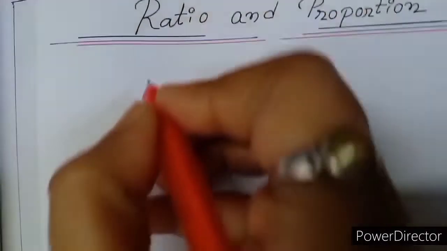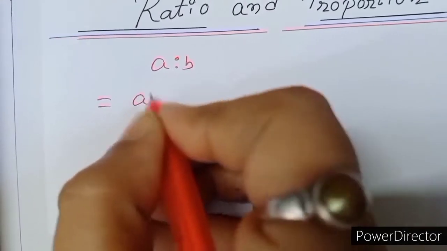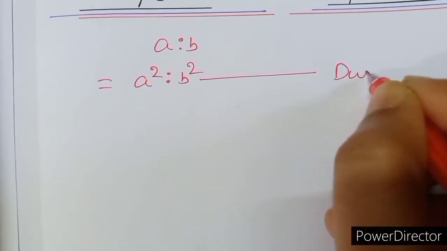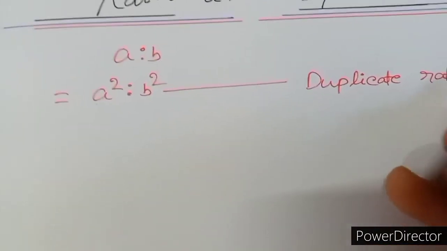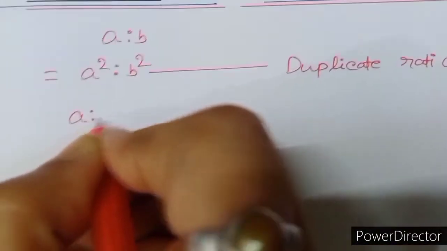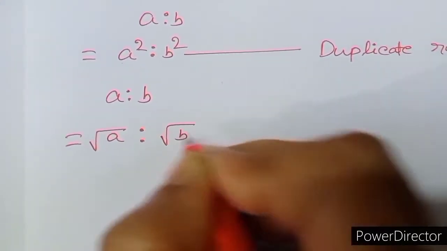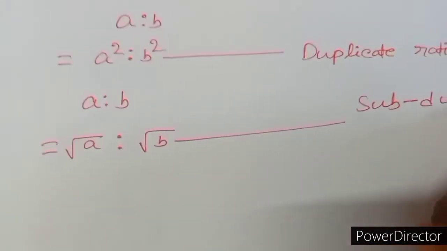Now we learn some terms. A is to B, we can write A square is to B square. This is called the duplicate ratio. Or A is to B, we can write root A is to root B. It's called sub-duplicate ratio.